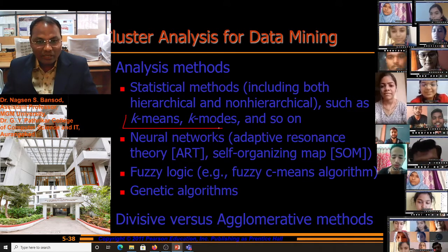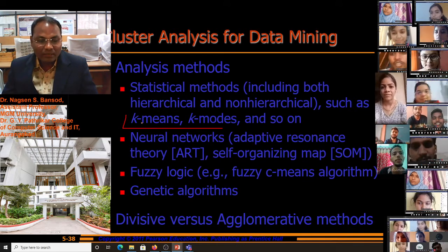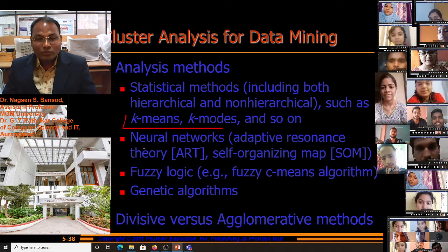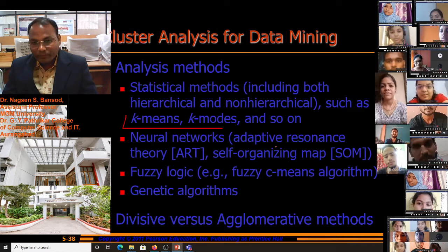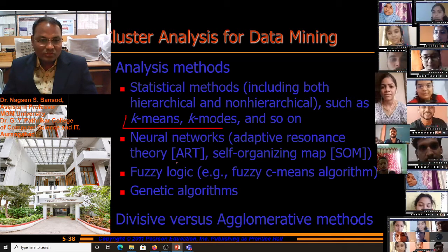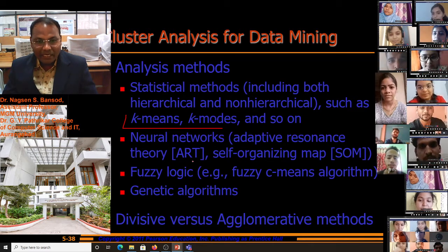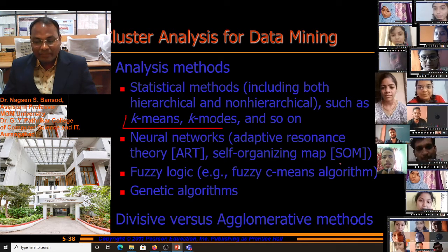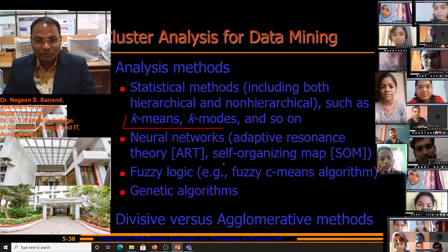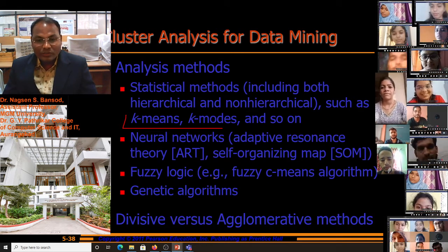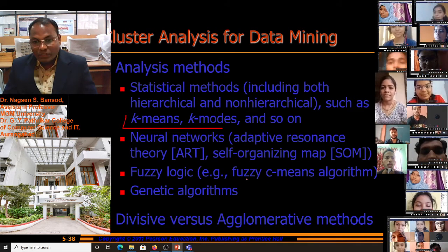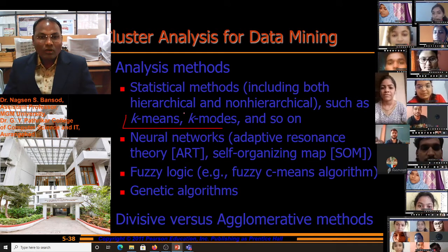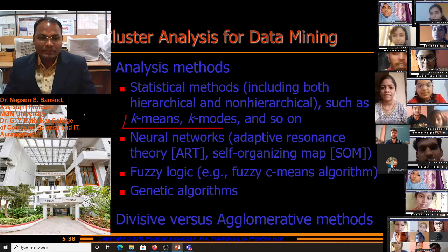We can use k-means, k-modes, hierarchical statistical techniques, as well as neural networks, adaptive resonance theory (ART), self-organizing maps (SOM), fuzzy logic, the fuzzy C-means algorithm, and genetic algorithms for analysis purposes.